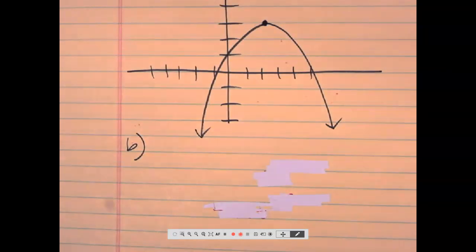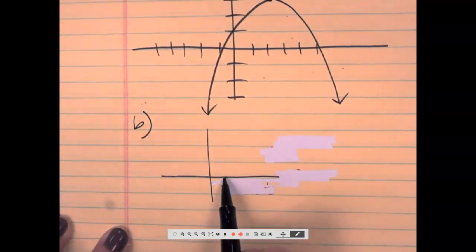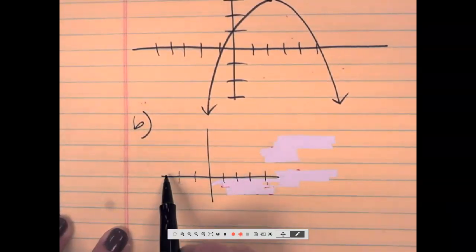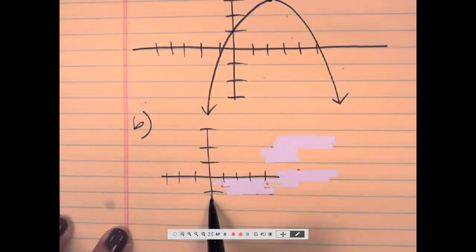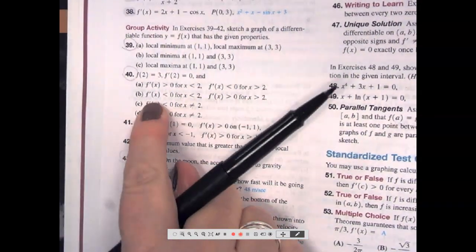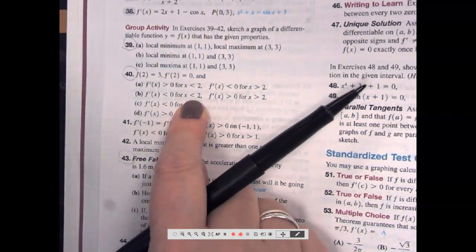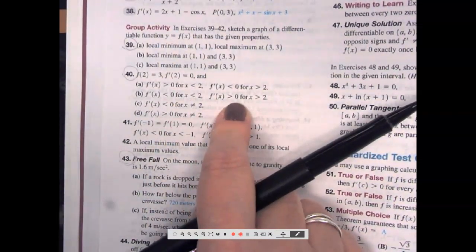Okay, so part B of this problem says we still want these two conditions to hold true. So these are going to be part of all of them. So I need an ordered pair 2, 3. Okay, there's my ordered pair 2, 3. Remember, I have a derivative of 0 there. But part B says the derivative is negative for x less than 2, and the derivative is positive for x greater than 2.